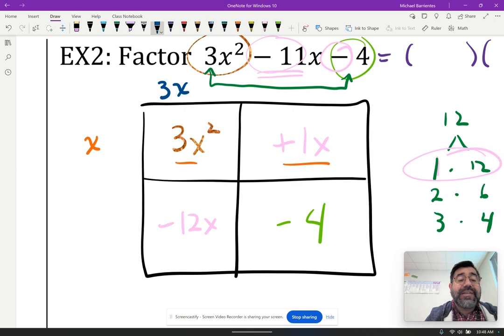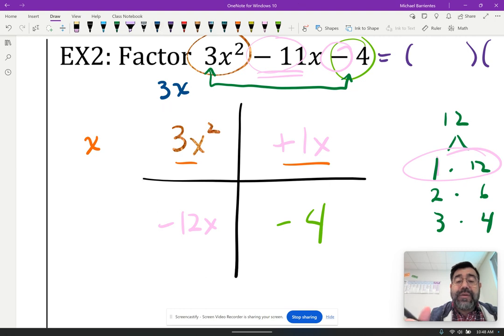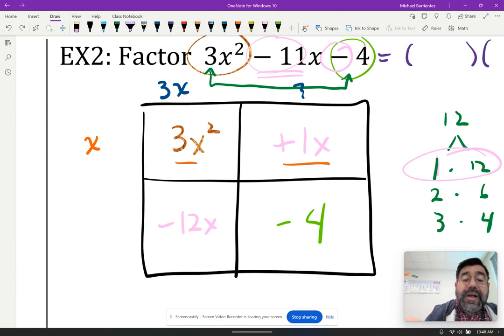So 3x times x would give me 3x squared. X times what is going to give me plus 1x? I think it's just 1, right? Oh my gosh, I cannot erase that. Oh well. So this will be plus 1. X times 1 would give me plus 1x.